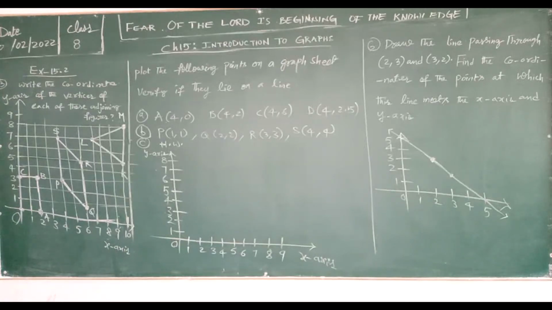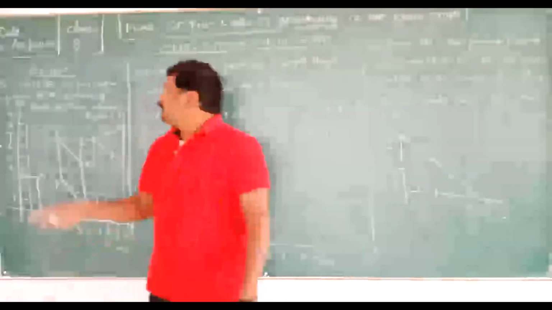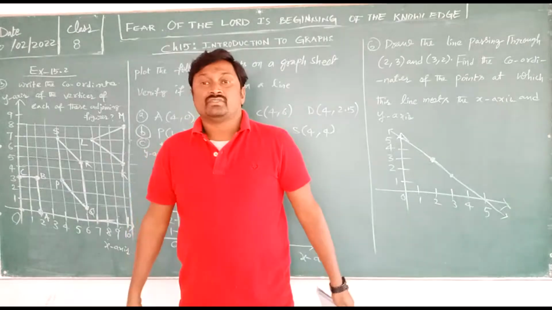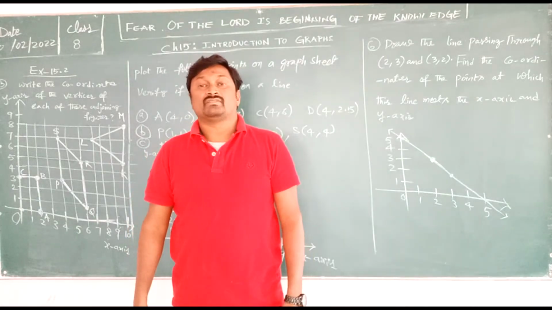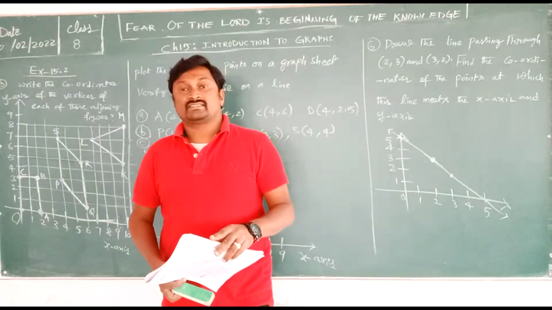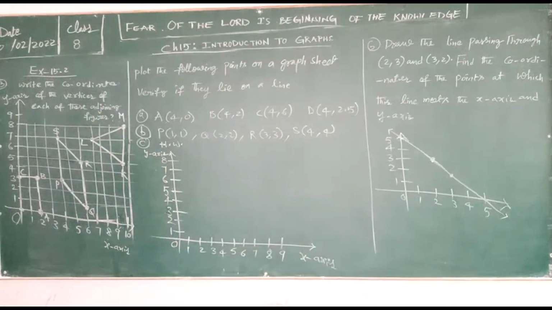Good afternoon to everyone. Firstly, join the class, because today we are going to discuss one important topic, your exercise number 15. We have to discuss 15.1 now. Yesterday we finished. So inform your friends, let them also come and join as early as possible so that we can start our class. Where is Prince?